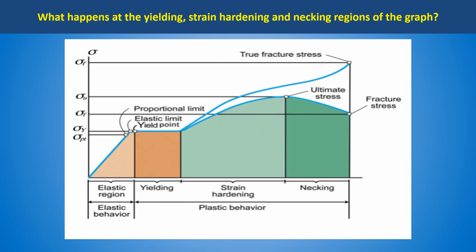Well, in the viva, the examiner might ask about the parts of the plastic region. We have yielding, strain hardening, and necking. Once the yield point is passed, the material will undergo considerable elongation or yielding with little or no increase in the stress. This is known as yielding.